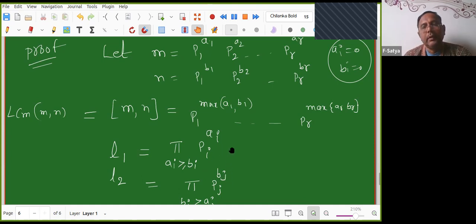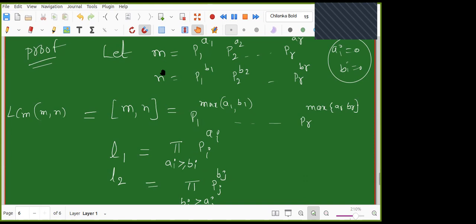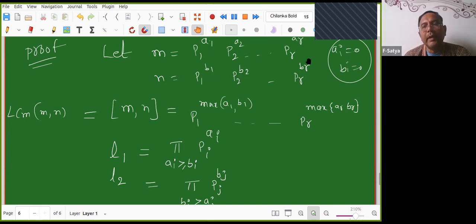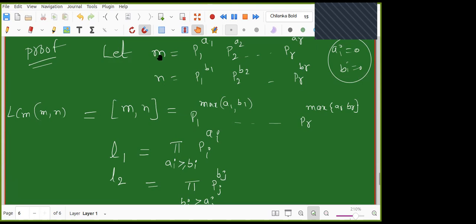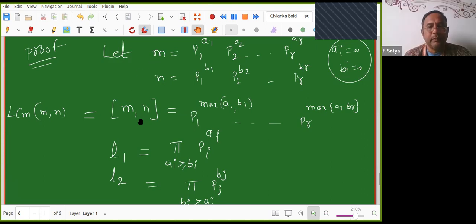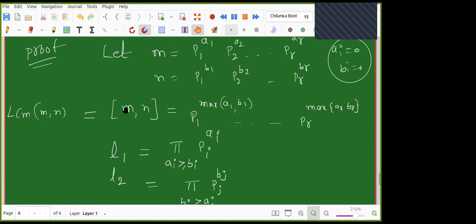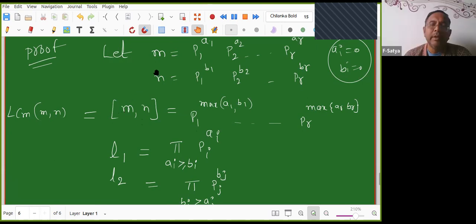Correct. What is the relation between M and N in that case? If A1 is greater than or equal to B1, A2 greater than or equal to B2, AR greater than or equal to BR, then N divides M. Then what is the LCM? M. And have I proved there is an element of order M? Yes, correct. In that case, not a problem.